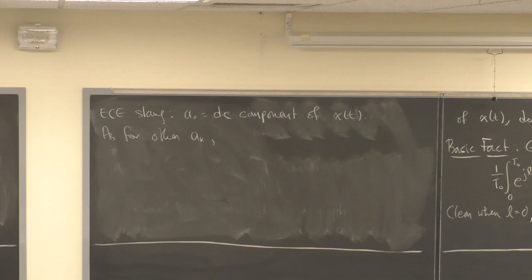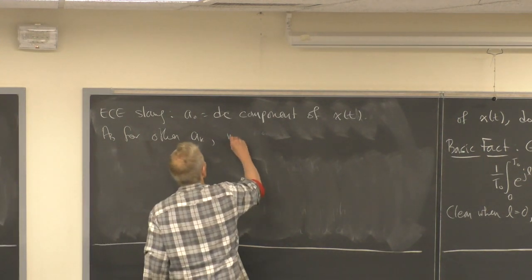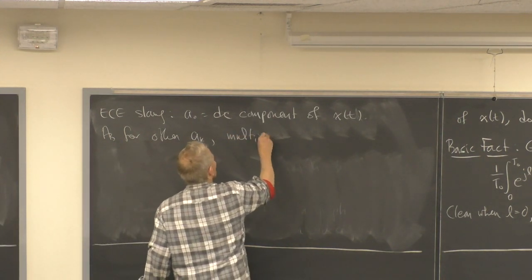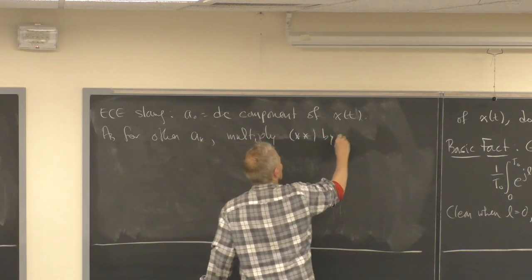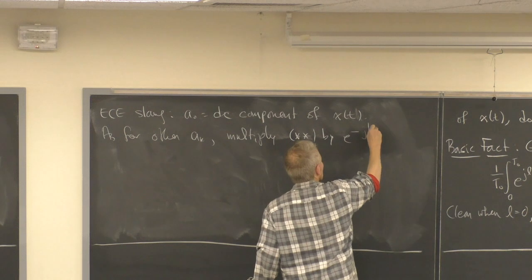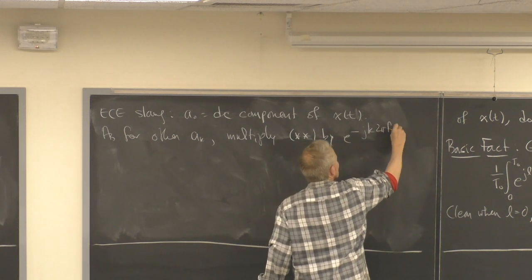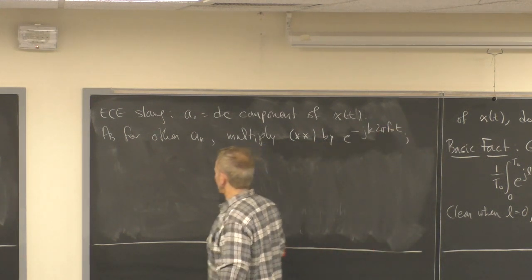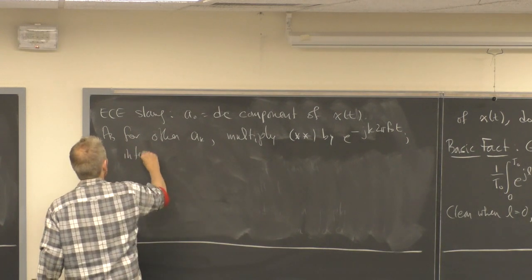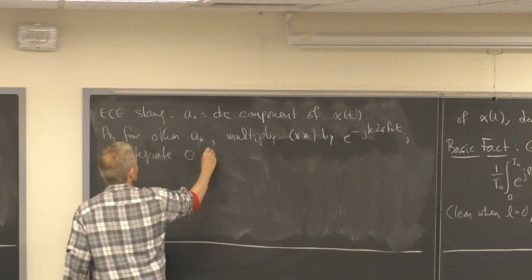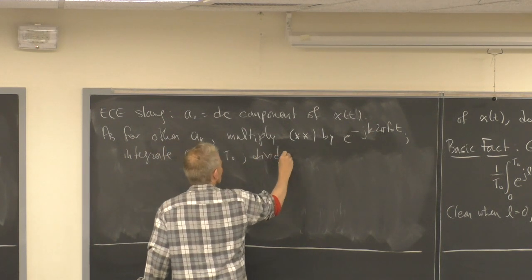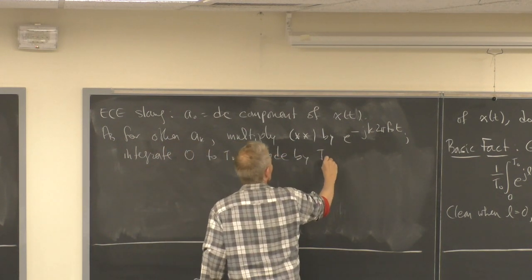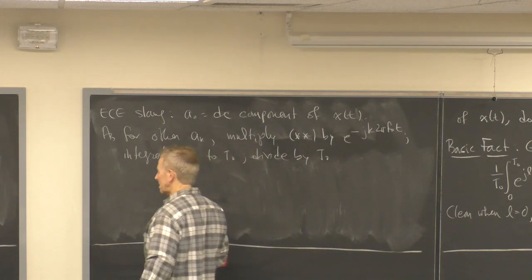So you multiply both sides of double star by e to the minus jk 2 pi f0t, and you take the result and you integrate from 0 to t0 and divide by t0. And what do you get?